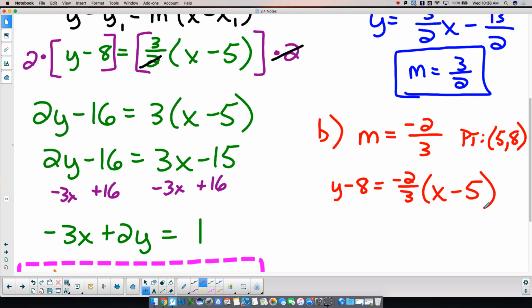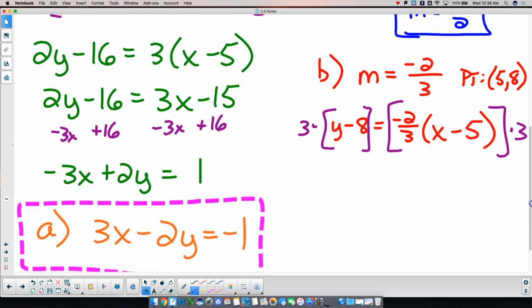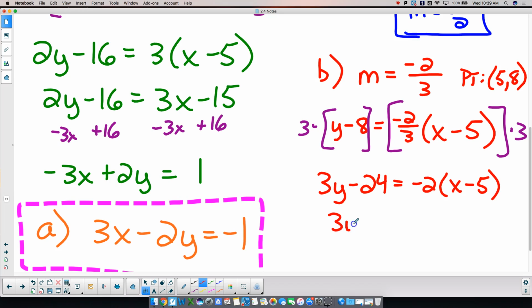Again, going into standard form, so I'm going to get rid of my fractions. 3y minus 24 is going to equal negative 2 times the quantity x minus 5. So 3y minus 24 is going to equal negative 2x plus 10.